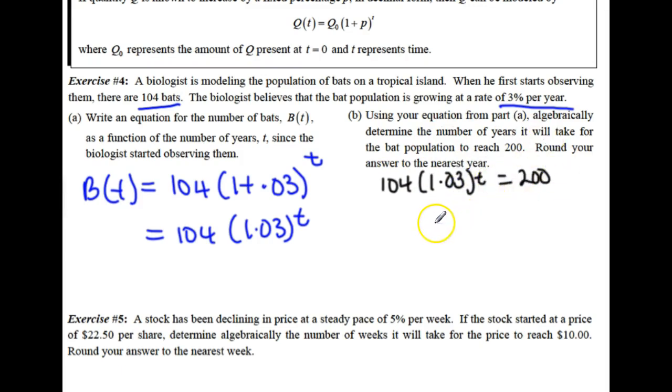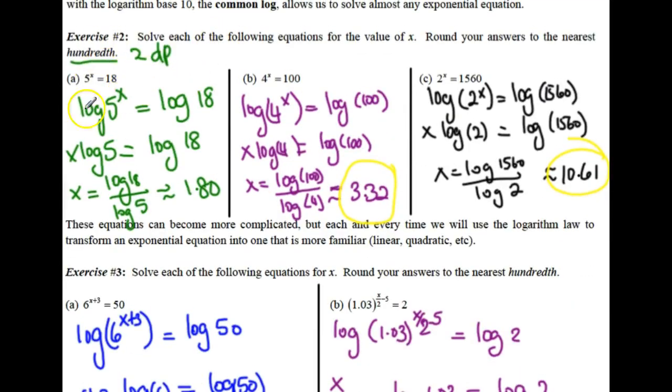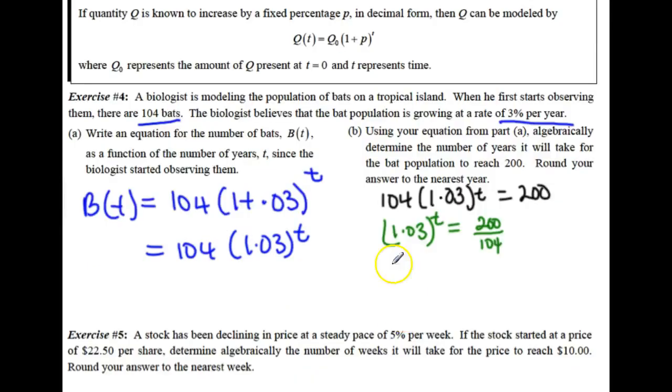Now this is just like what we did. How do we make this into log? So first of all, let's just get rid of this 104. So I have 1.03 to the t power, which is actually 200 over 104. This looks like something that we worked with on here, when I have something raised to some power is equal to something else.